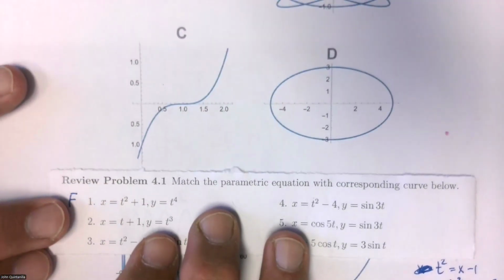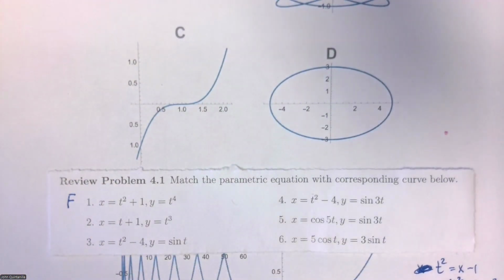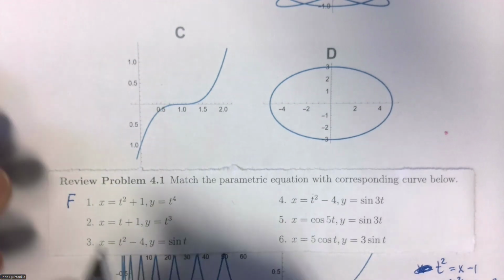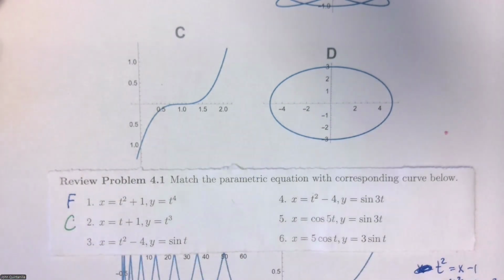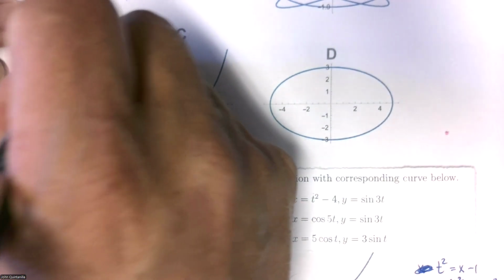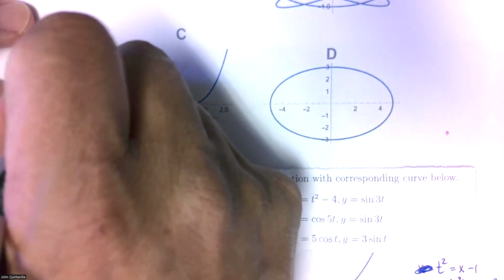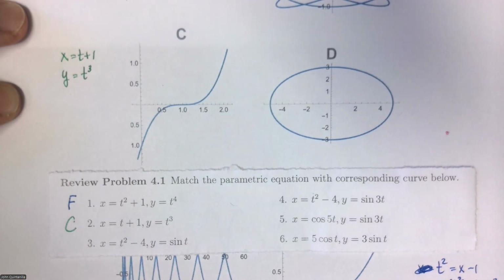For number two, the option is C. Okay, so let me write that here. C is x is equal to t plus 1, and y is equal to t to the third. Now, why is that happening?